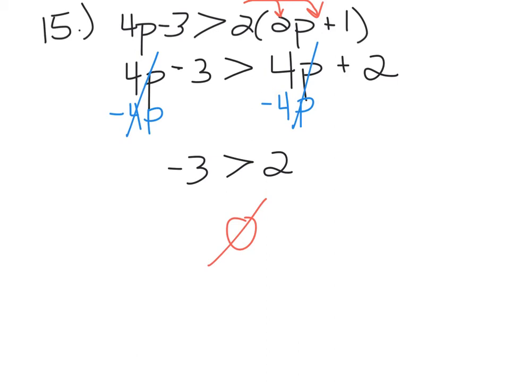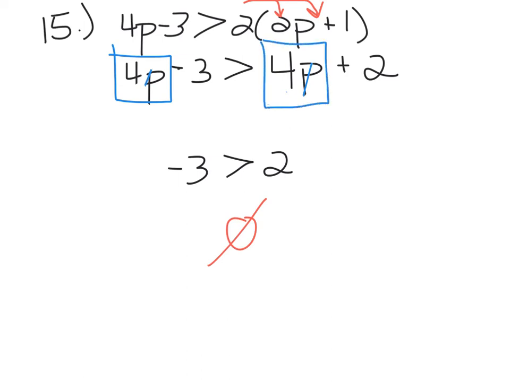Now, if I look back to my original inequality that I got once I distributed, I'll try to erase that. Okay, good enough. If I look back to my original inequality that I got once I distributed, I got 4p minus 3 is greater than 4p plus 2. 4p is the same amount.